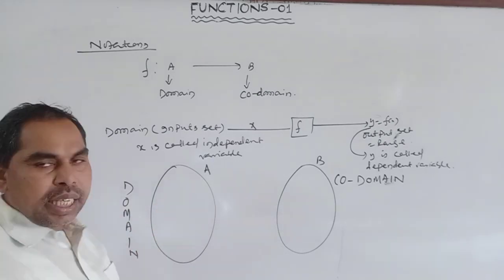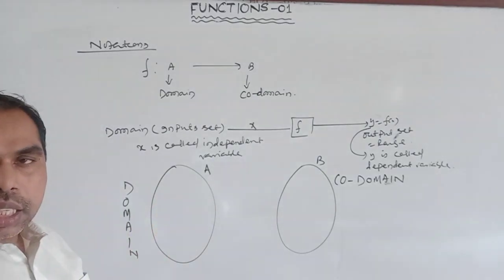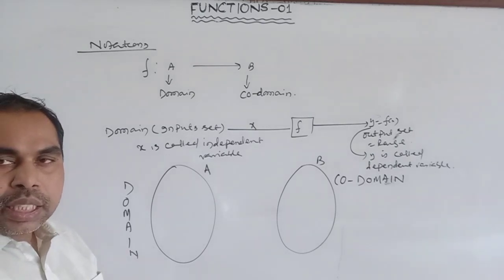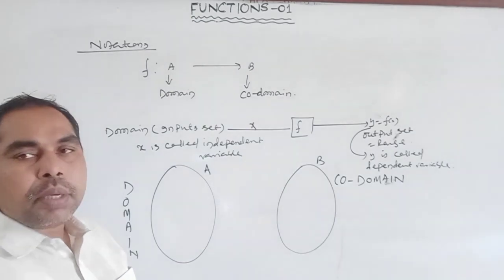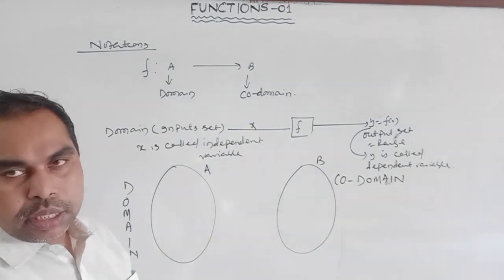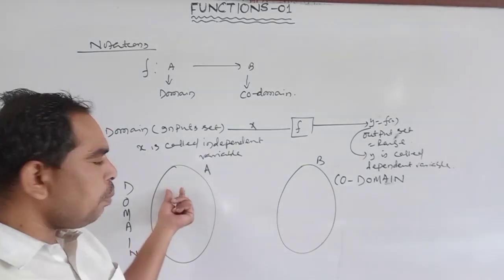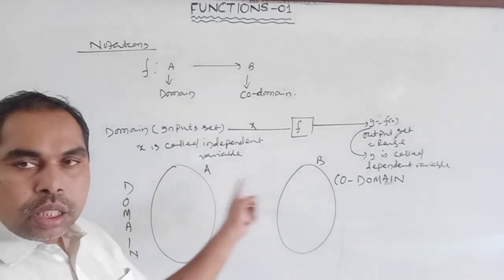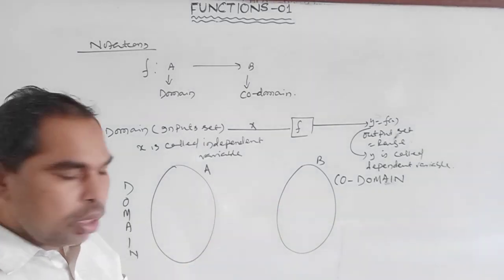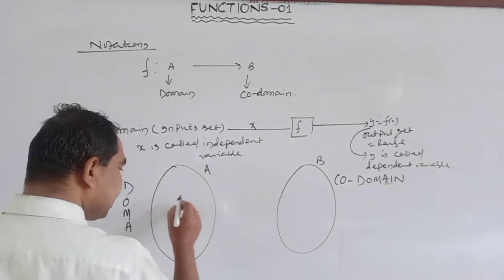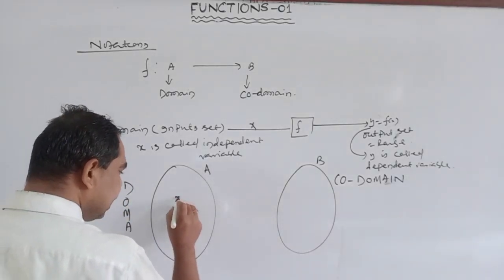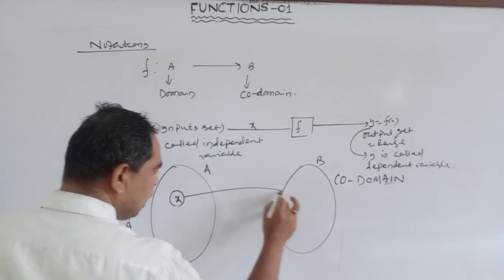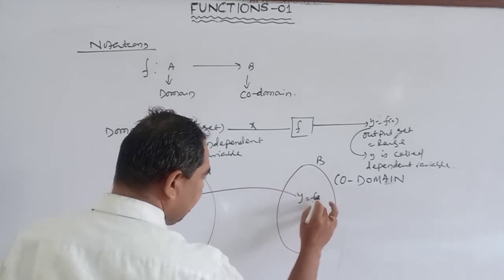Every element of set A is associated with a unique element of set B, meaning only one element of set B. Suppose x is an element of set A, and y is equal to f of x.